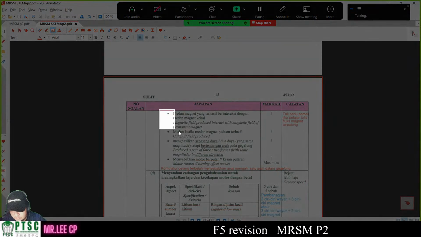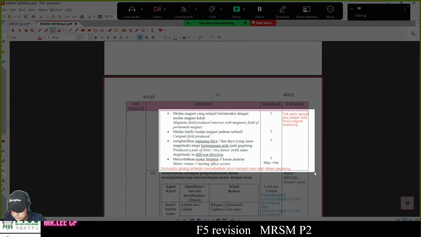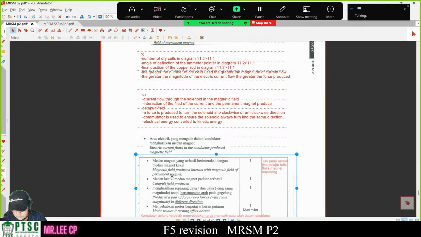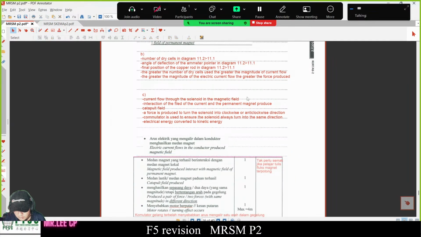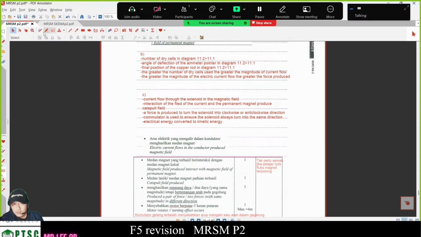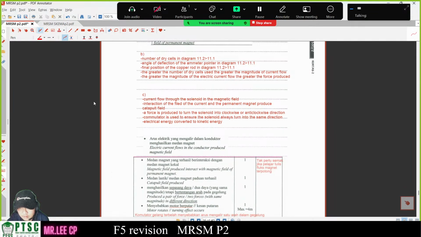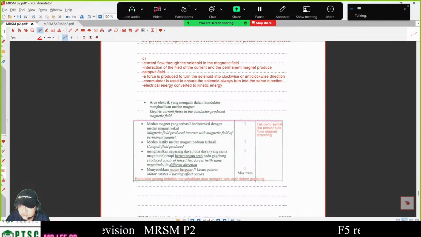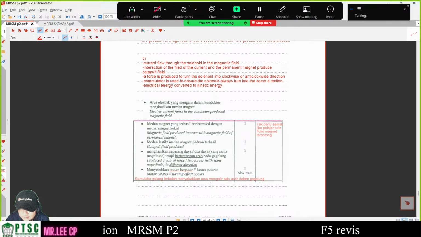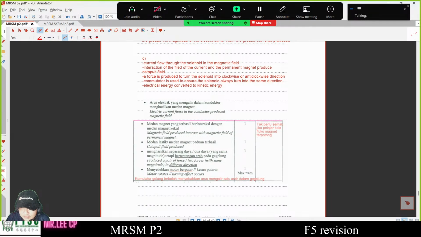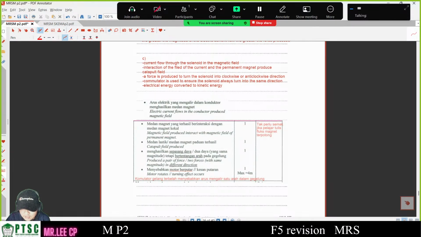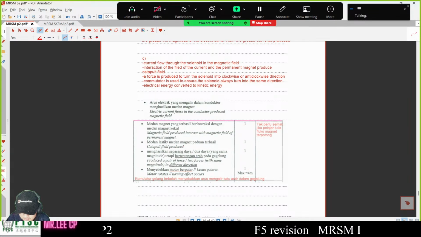Next one. Current flow through the solenoid in the magnetic field. And then interaction between the field and the current produces the catapult field. So that is a catapult field produced.